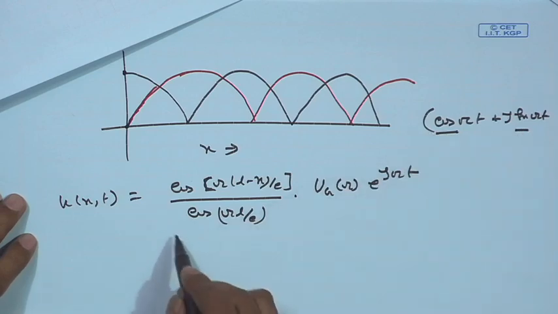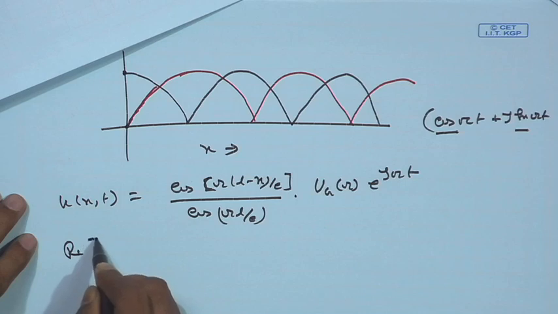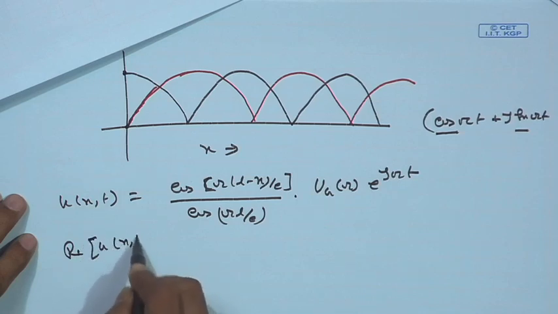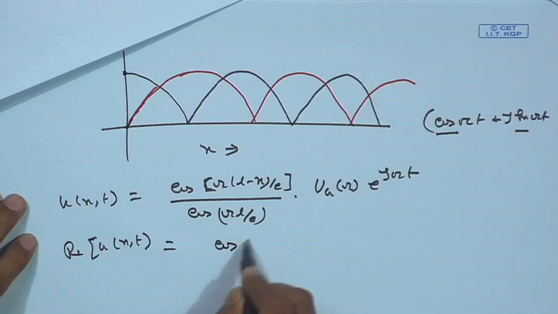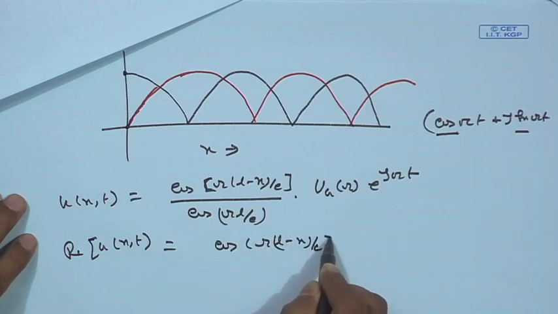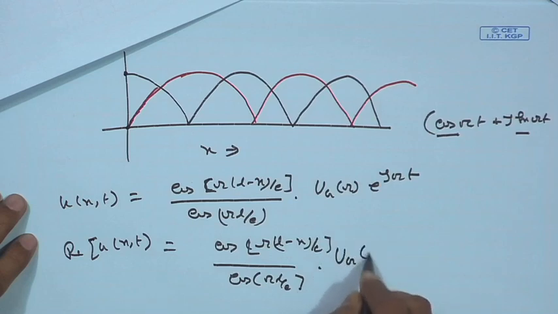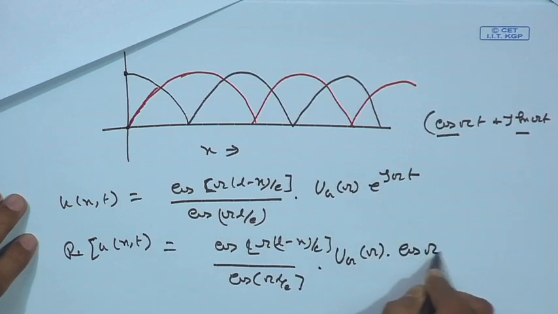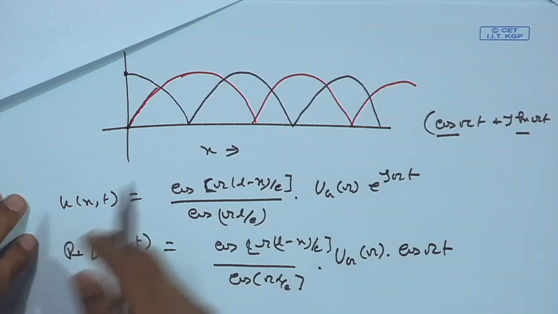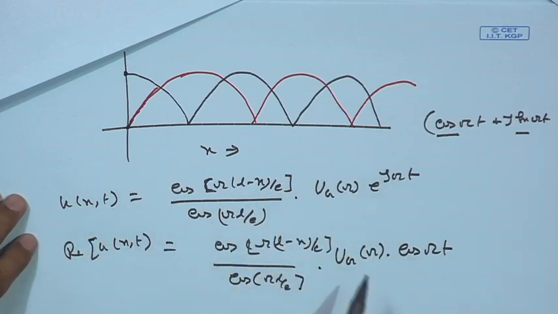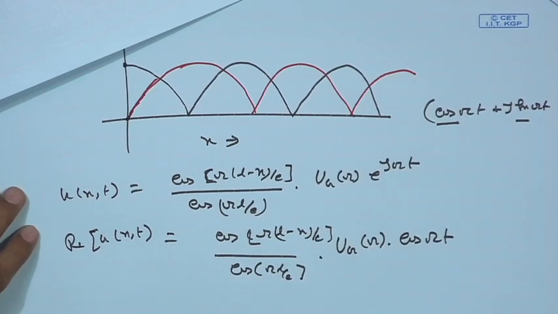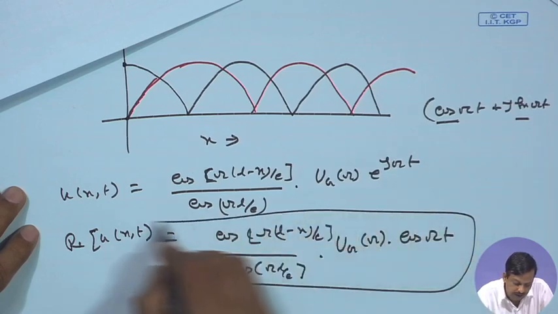So the real part of u(x,t) is cos omega (L minus x)/c divided by cos omega L/c into U_g(omega) cos omega t. Similarly, I can get the real part of the pressure wave.